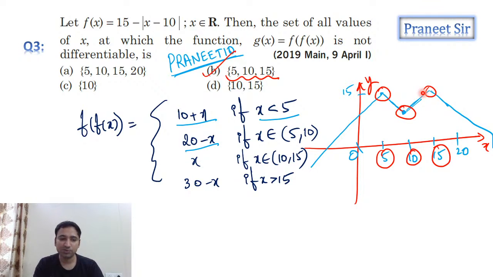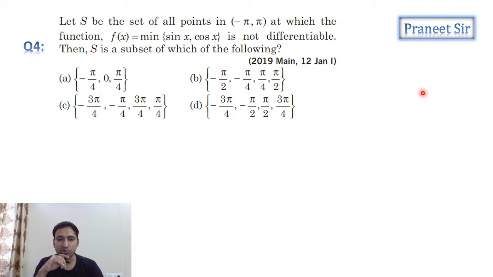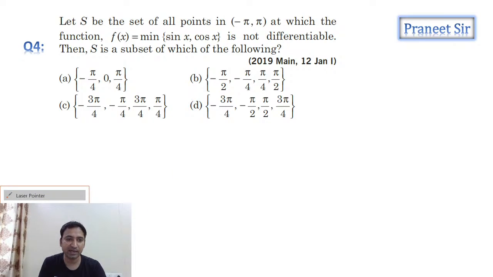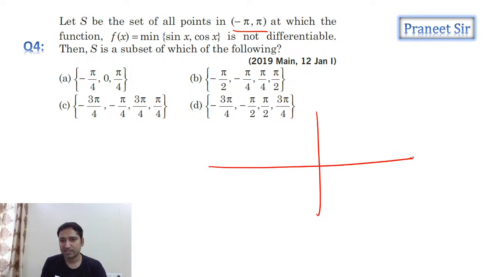Chalo guys, now let's move to the next question. So this is the next question we have. Same guys, minimum of sin x and cos x between minus pi to pi. So let's draw the graph. If we can draw the graph, easily we can analyze it. This is the x-axis and y-axis. Let's take this as 0.